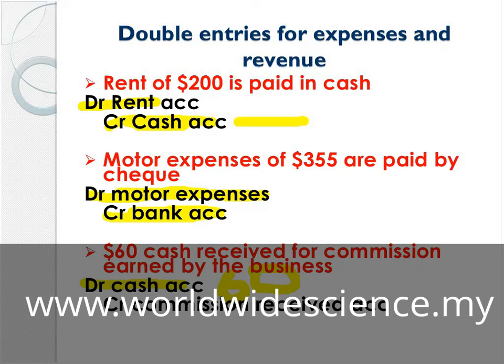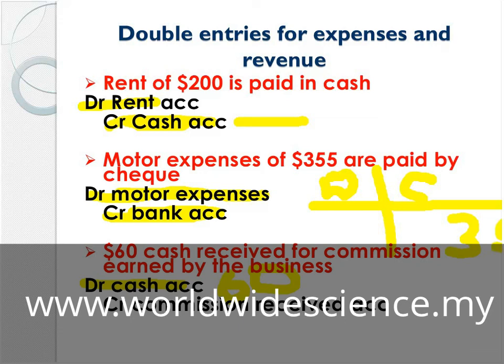Do you remember it is like this? Here is our debit, here is our credit, right? And the motor expenses of 355 paid by check, we show here that we paid by check 355. They are decreased.